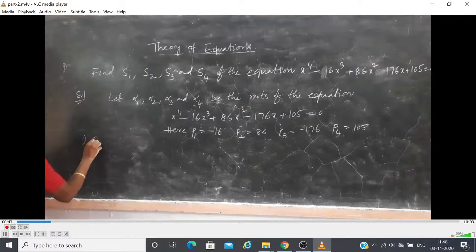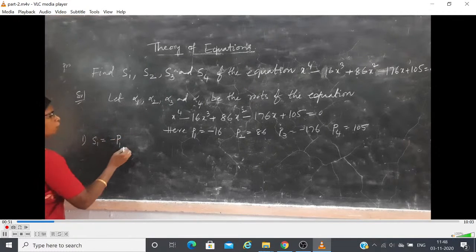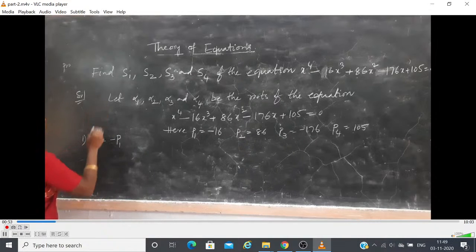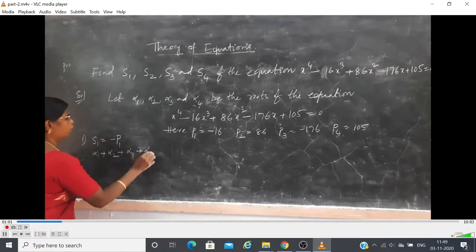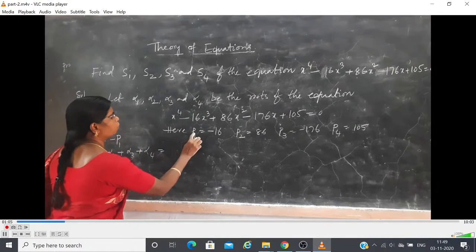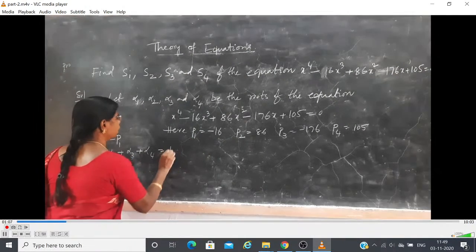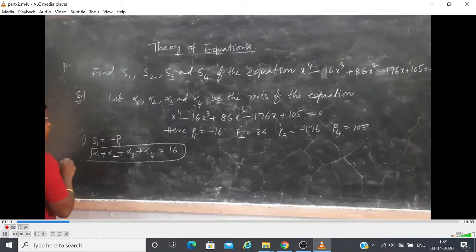First relation. What is the first relation? S1 is equal to minus P1. S1 means the sum of all roots taken one at a time. That is alpha 1 plus alpha 2 plus alpha 3 plus alpha 4 is equal to minus P1. Minus P1 is 16. So this is S1.